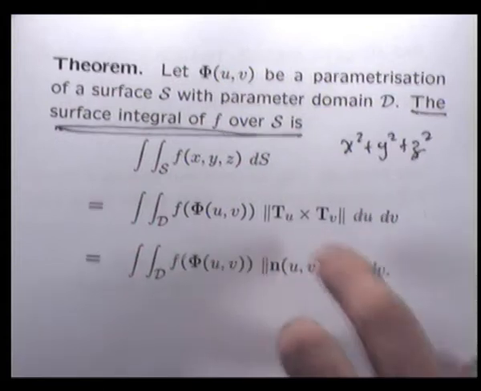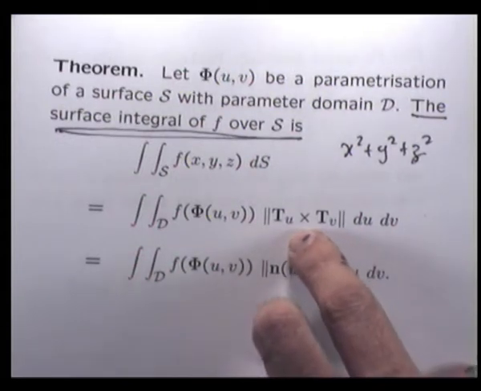Yes? So this formula here is similar to what we saw for the path integral. Yes, it is. Here the absolute value we take is of the cross product of the vectors instead of the derivative of the parameterization. For path integrals you would have a c dash there, right? Yes, c dash of t.